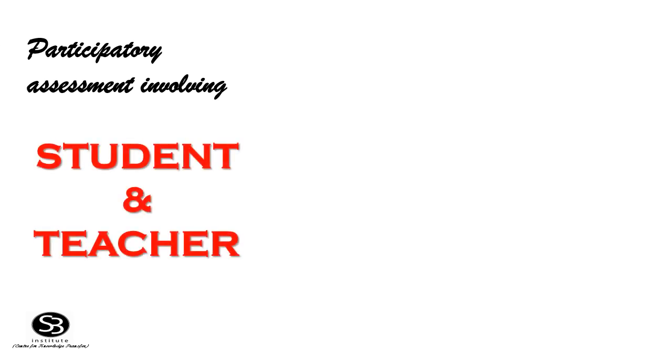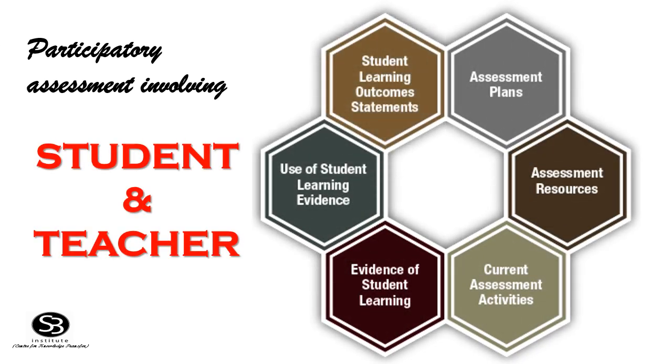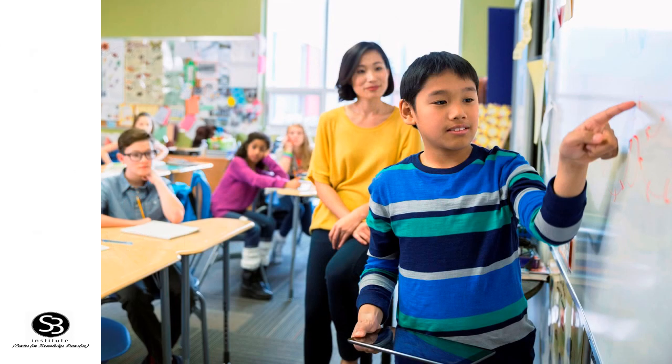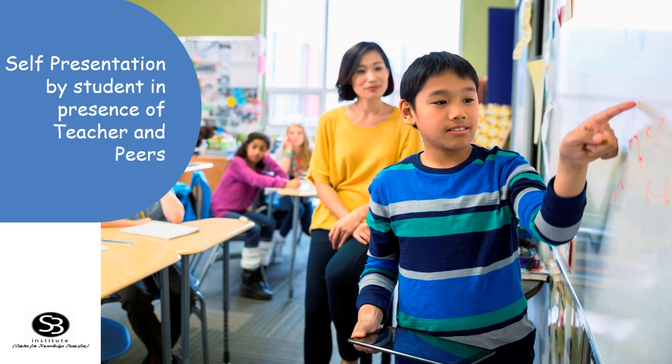What exactly does this participatory assessment do in involving students and teachers? Well, let's now look into that. The first one, there is transparency in assessment, especially in FA assessment. Second, students do self-presentation in front of the teacher and especially peers.